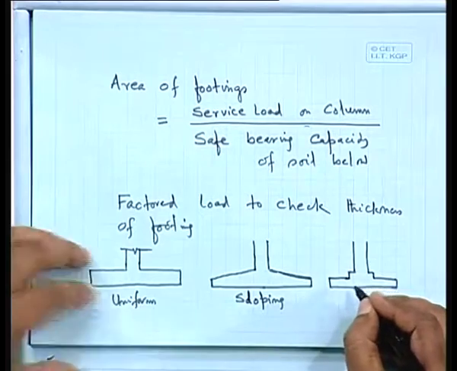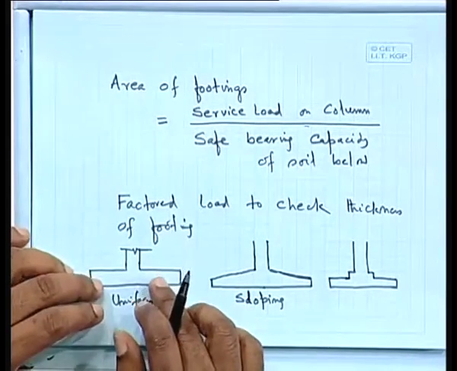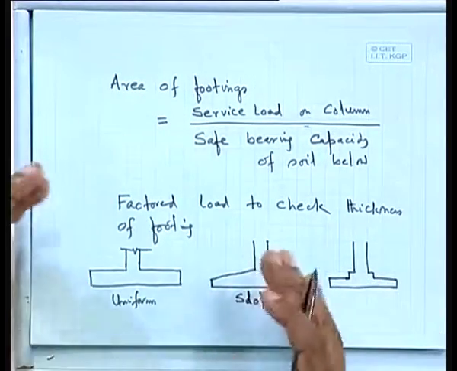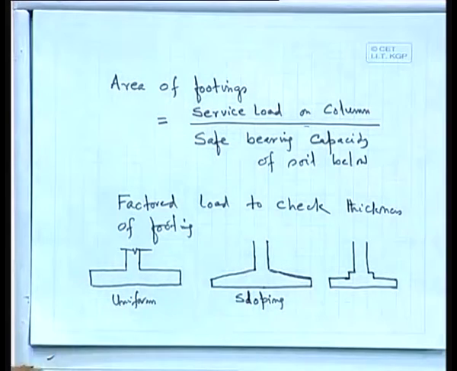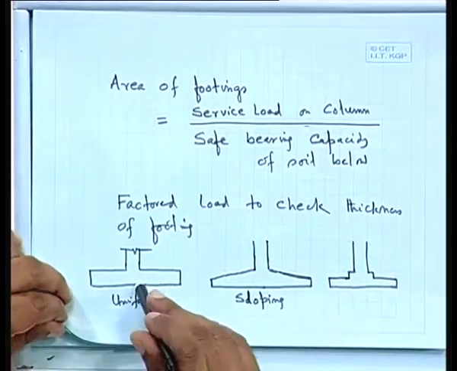Depending on the situation we can make it, but this is the very simplest one. Here the only thing we have to find out is what load cases, what type of stresses will develop when you are talking about footing. If you look at this one, let us take this simple one.